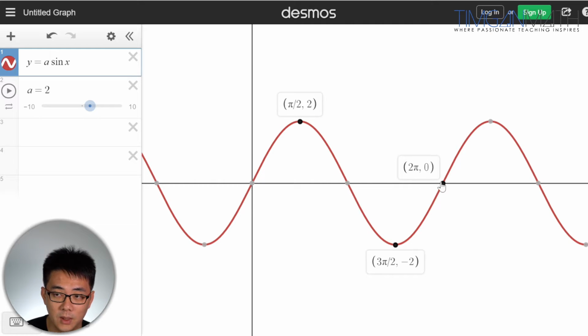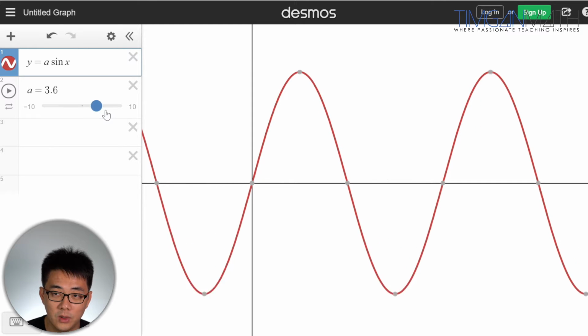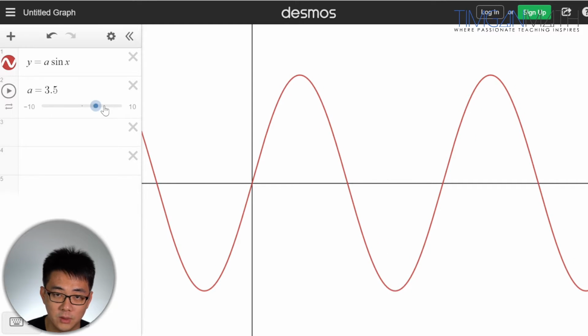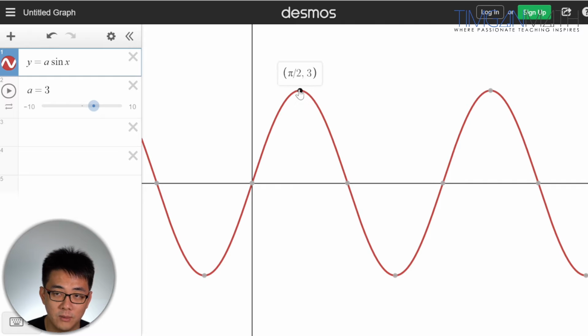Then this will be 2 pi and pi. We know how to sketch this curve very nicely. But look at what happens now. If I increase this a value, the peak would increase. So if I increase to 3, this will become 3, and this is negative 3.